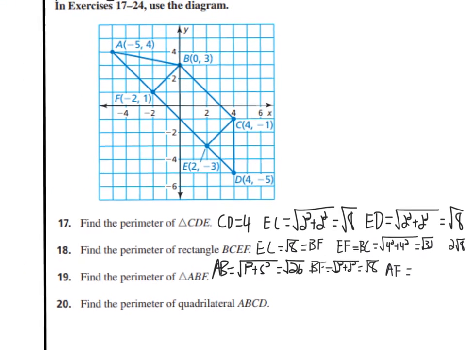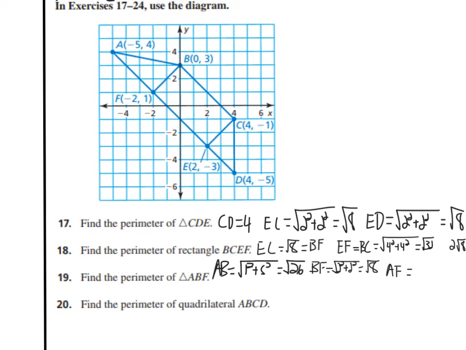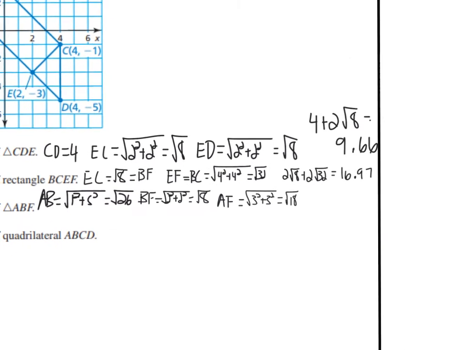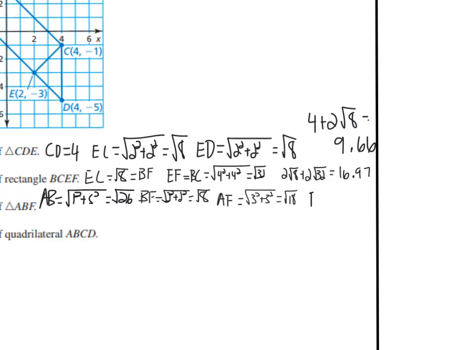And if I look at my picture, AF looks like the legs will be 3 and 3. So the square root of 3 squared plus 3 squared, 9 plus 9, that's the square root of 18. So my perimeter is the square root of 26 plus the square root of 8 plus the square root of 18, and in my calculator I get 12.17.